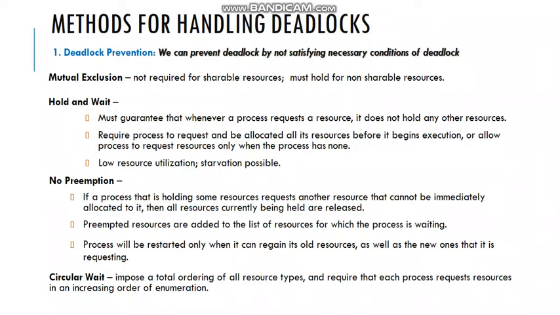So we'll see these things with an example. Okay, so we'll take that same system model where deadlock has occurred, then how we can prevent a deadlock by using these deadlock prevention techniques.